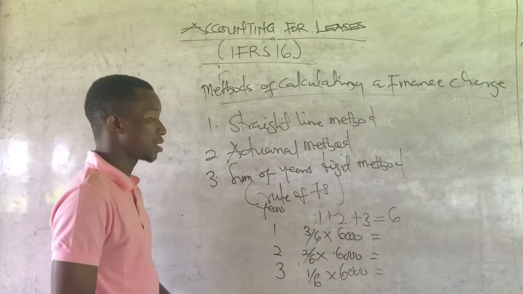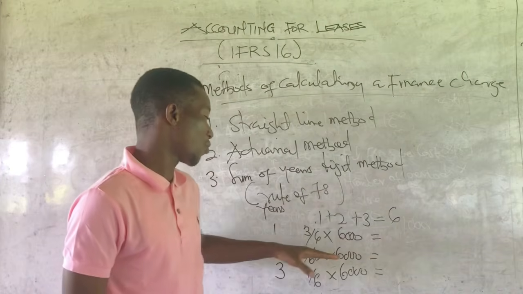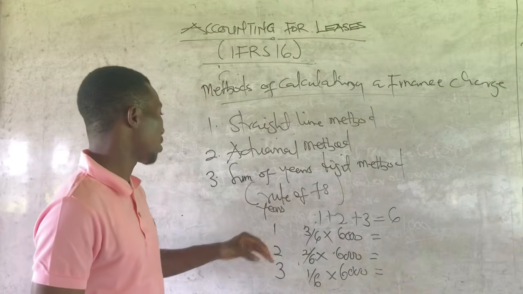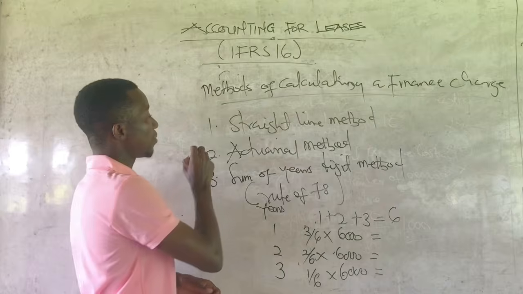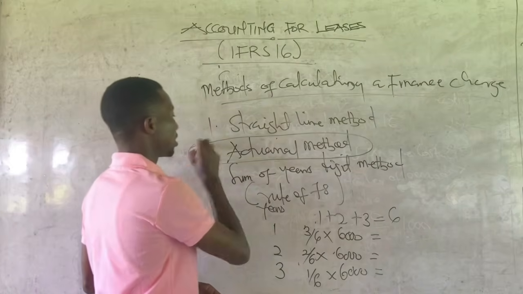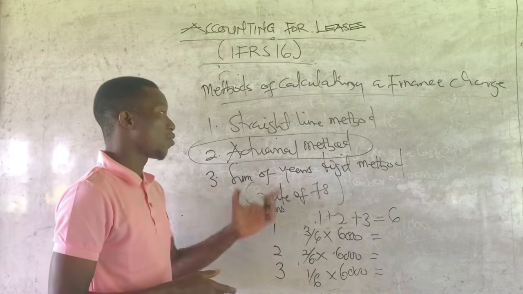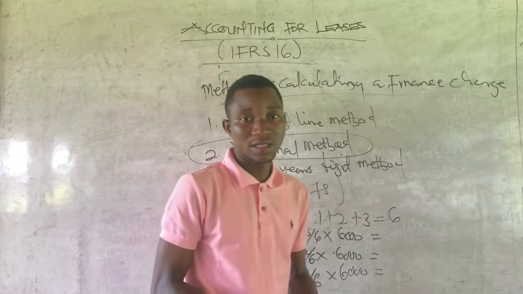You can realize that the first year will receive the higher finance charge compared to the remaining ones. So this is all about the methods of calculating the finance charge, but the actuarial method is widely used. It is highly accepted by the IAS standard, where there will be an interest rate implicit in the lease.